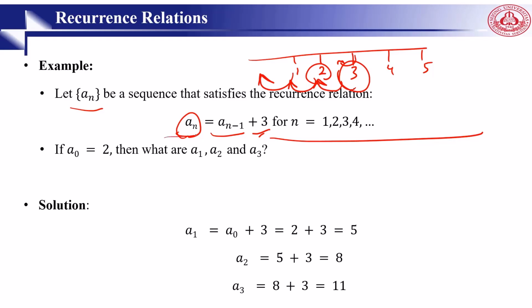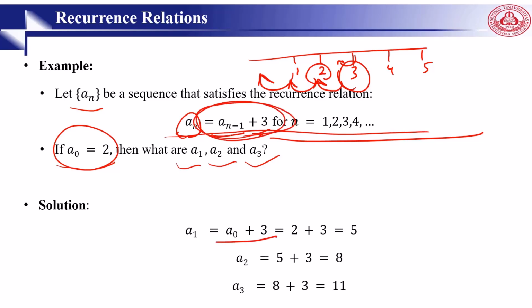In this case, if this is our sequence and a0 is 2, then we want to find a1, a2, a3. So a1 is simply the previous one plus 3. We have already a0 equals 2, right? So based on this formula, a_n is a_{n-1} plus 3. So a1 is equal to a0 plus 3. What is a0? 2 plus 3 is 5.